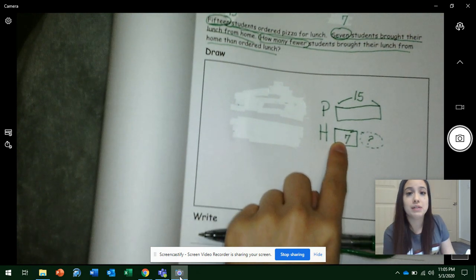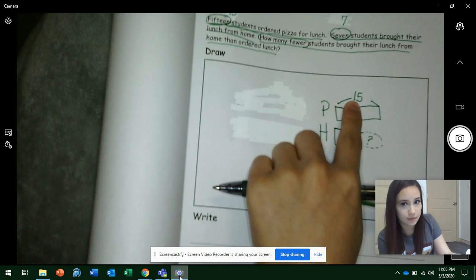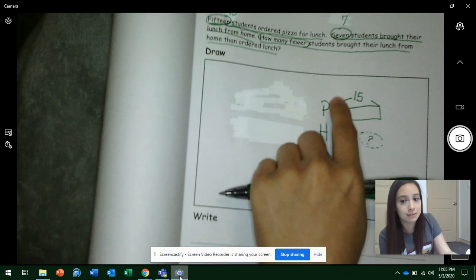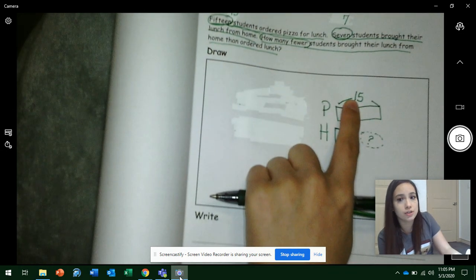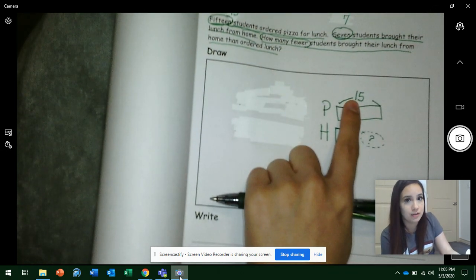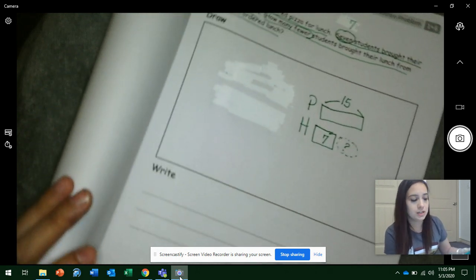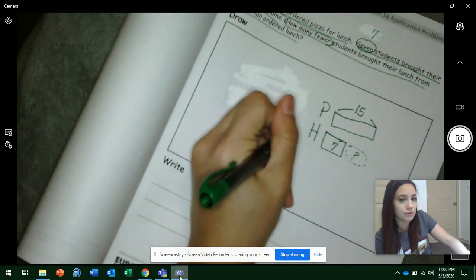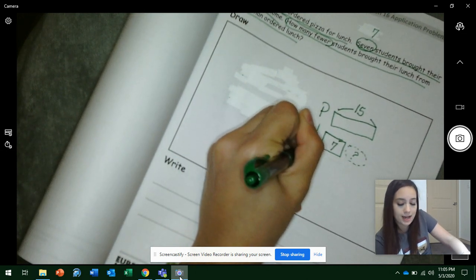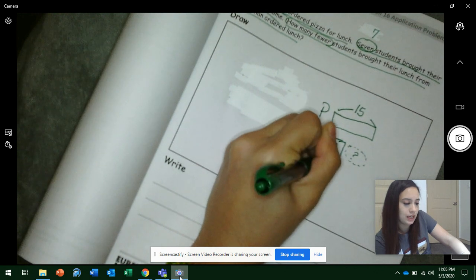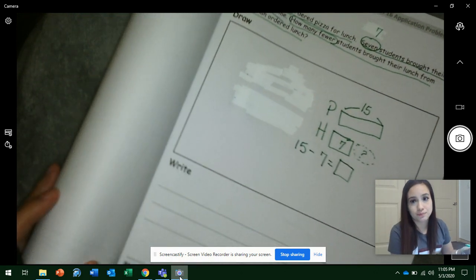And remember that when we subtract, when we minus, we start with a total, which is our whole number and our bigger number. So always when you subtract, you start with your total. So let's write a subtraction sentence together. Ready? Starting with 15, and say it out loud as you write it. Ready? 15 minus 7 equals, that's what we're going to figure out.